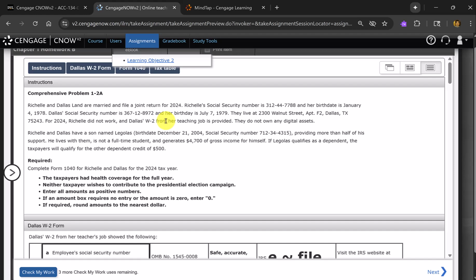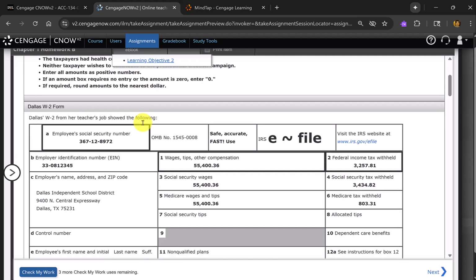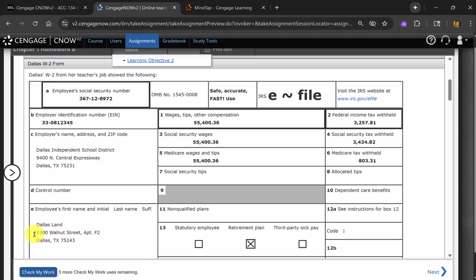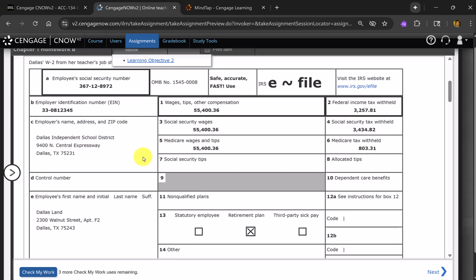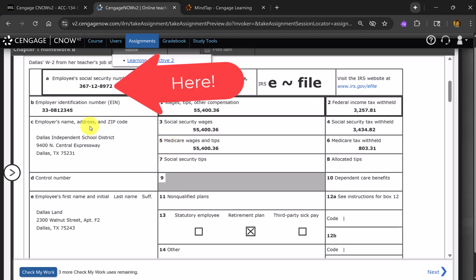Because if you're 1 letter off in their name, or 1 digit off in their social security number, when you submit their tax return, it's automatically going to be rejected. Don't assume that the name you see on this tax form issued by the employer or this, where's the social security number for Dallas?